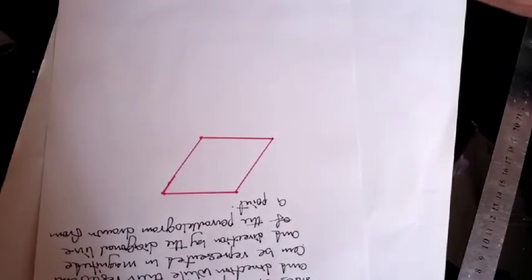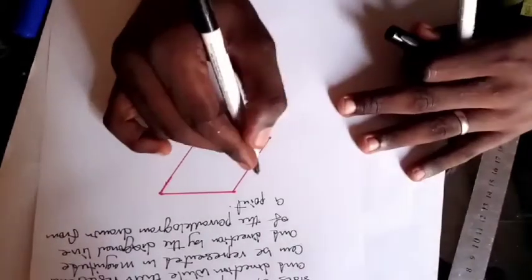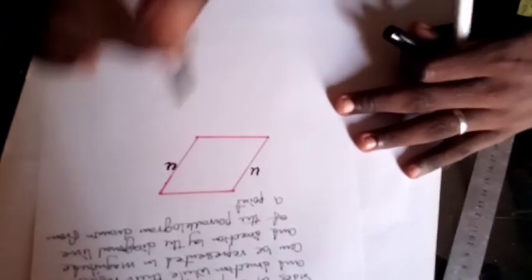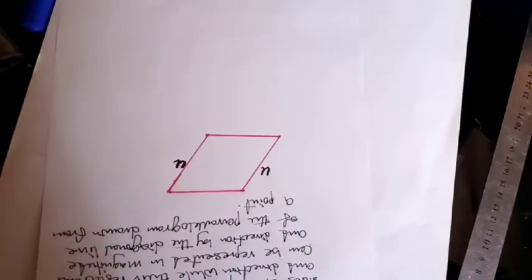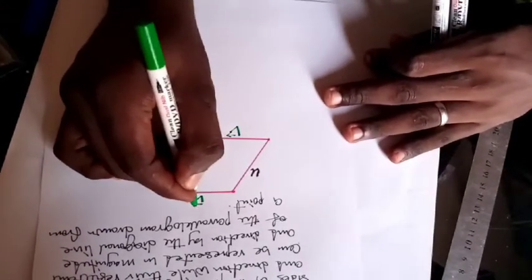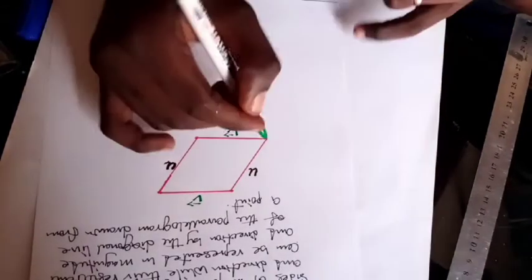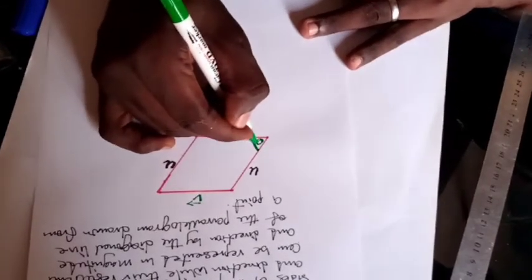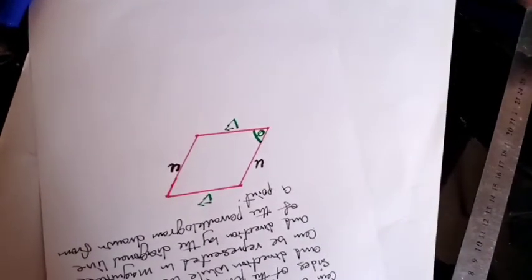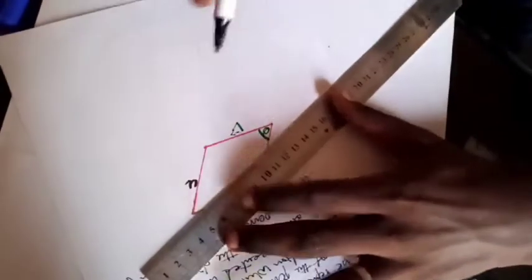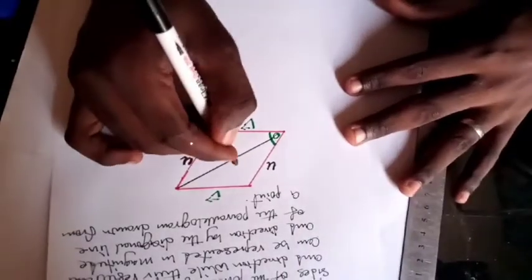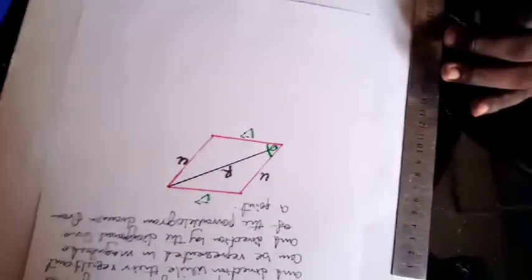Let's say we have vector U represented with these adjacent sides. Here will also be U. And then we have vector V represented with these adjacent sides of the parallelogram. Now, they both make an angle theta whose value is unknown. Now, their resultant is the diagonal line drawn from a point. So this is the resultant of the two vectors.